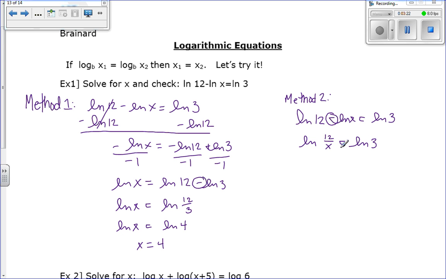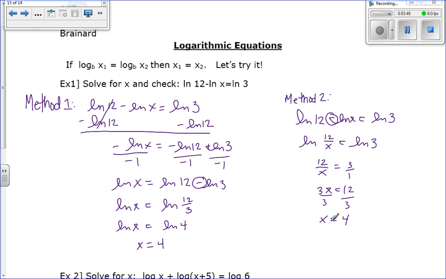Now my logs are equal to each other, they're the same base, and I'm just going to take my arguments, the 12 over x, and set it equal to the 3. Here I just cross multiply, so I have 3x equals 12, so x equals 4.